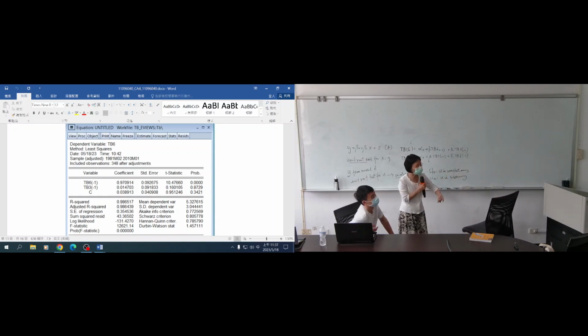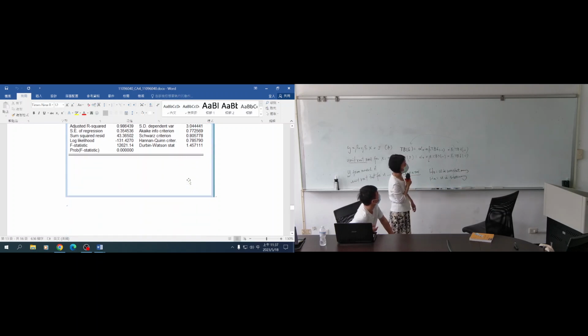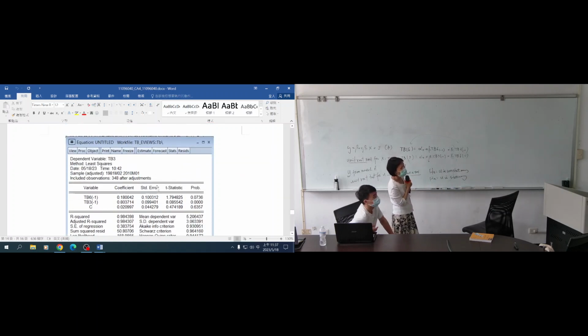So I think the output from EViews is quite okay. For TB3, using the 6, the probability is past 10%. So it means that this TB6 Granger causes TB3.